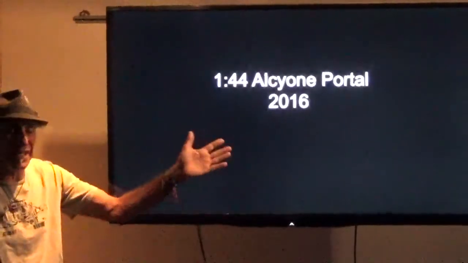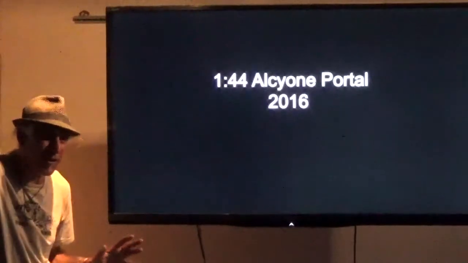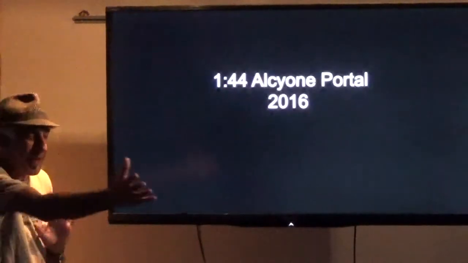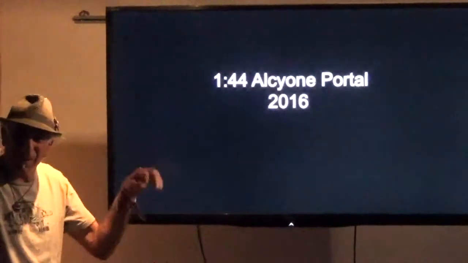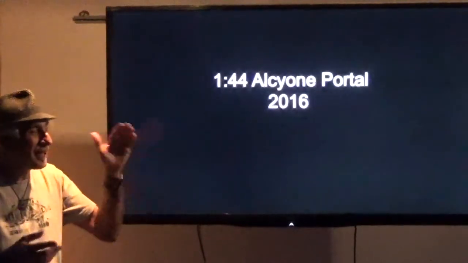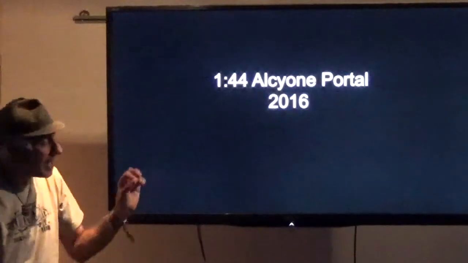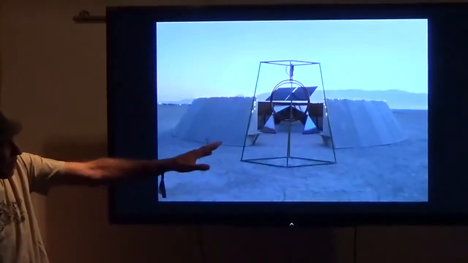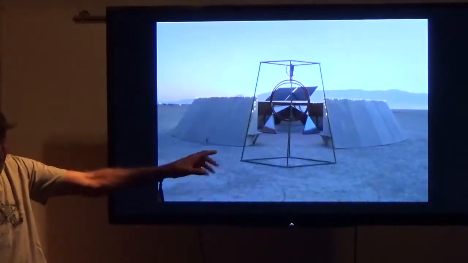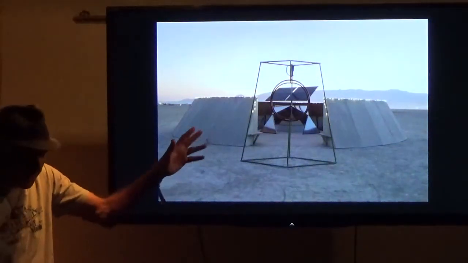So for 2016, I decided I wanted to move all the way over to the most hidden corner of Burning Man at 144, which is a very powerful sacred number, and all the way up by the trash cans, and just keep the whole space very simple. And what we did is I set the diamond portal, and it was pretty profound how the diamond portal angles lined up perfectly with the entrance of it.